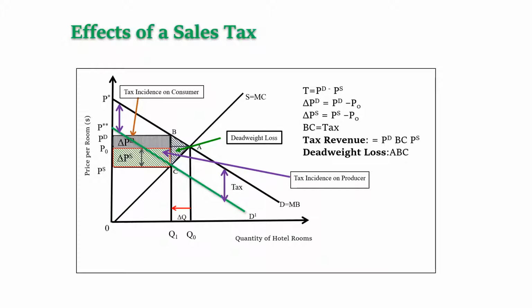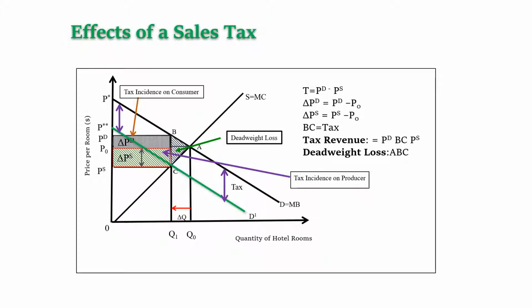So what happens here is that the tax has created a wedge between the supply price and the demand price. That is the price paid by the consumer, which is the demand price, and the price received by the seller, which is the supply price.